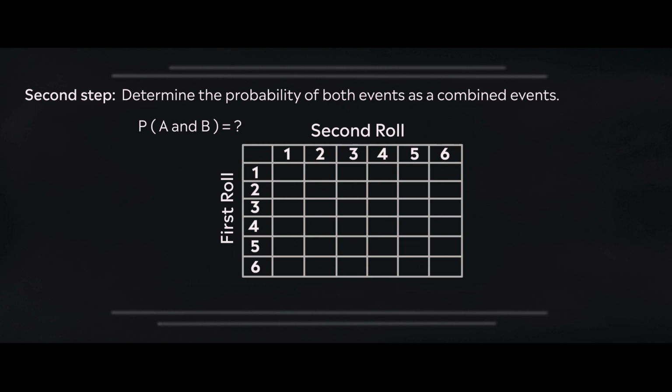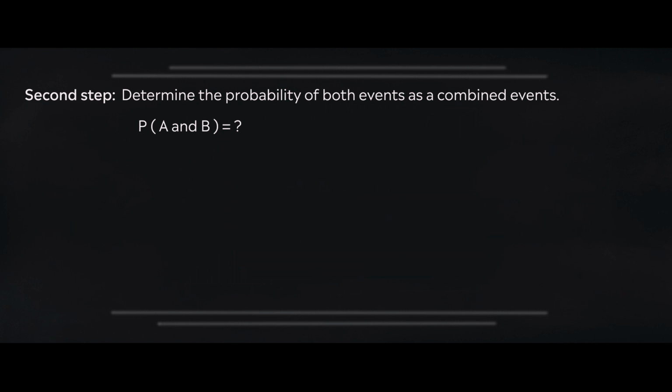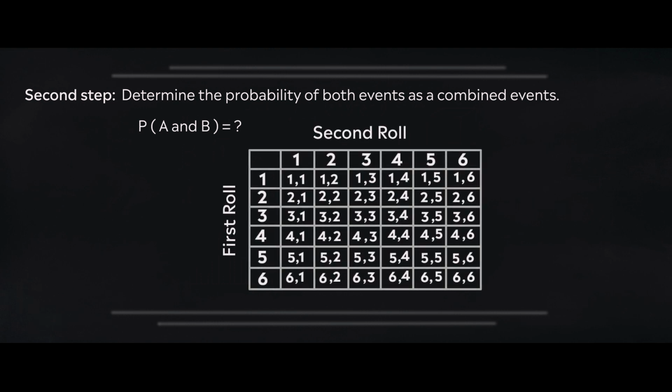There is a possibility that you might get 1 on both rolls, or 1 on the first roll and 2 on the second roll, 1 on the first roll and 3 on the second roll. So this is how you fill up the outcome chart. So here I have the completed outcome chart. So what is the favorable outcome that we are looking for?